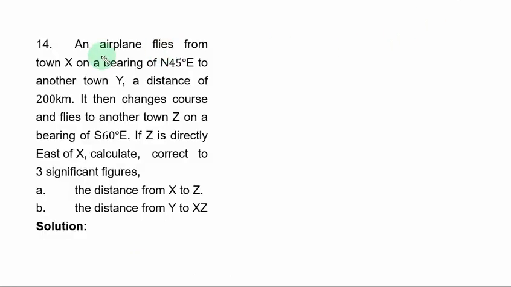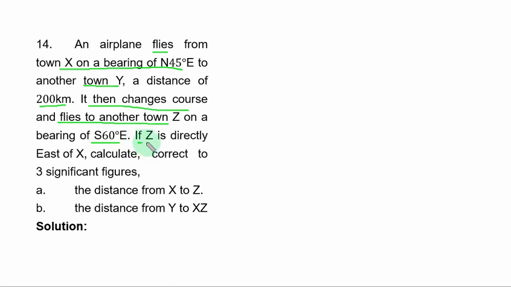Example 14. An airplane flies from town S on a bearing of north 45 degrees east to another town Y, a distance of 200 kilometers. It then changes course, that is direction, and flies to another town Z on a bearing of south 60 degrees east.